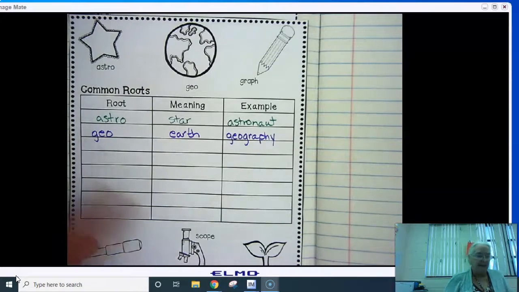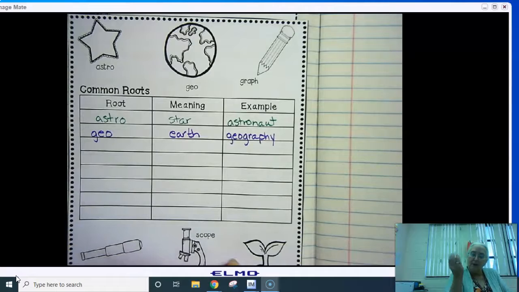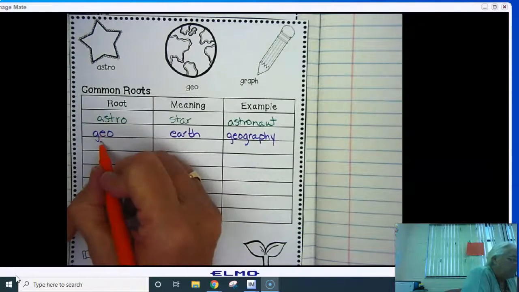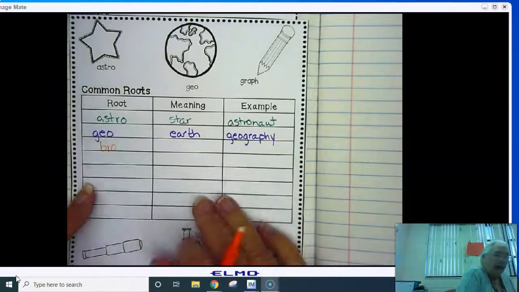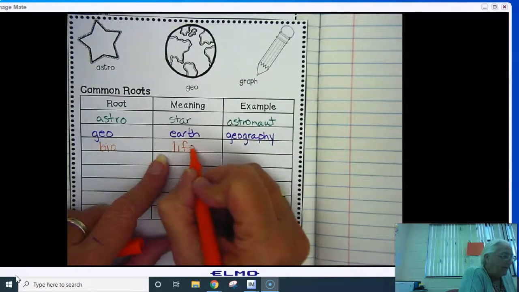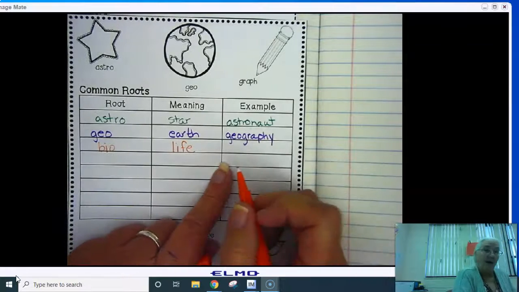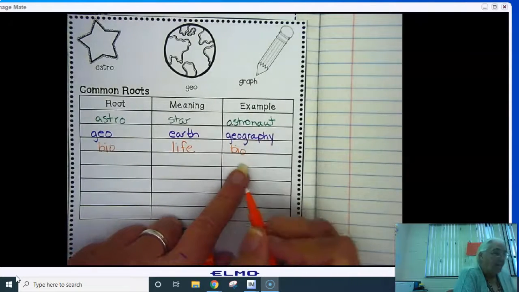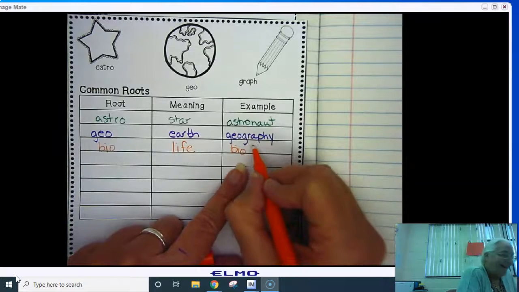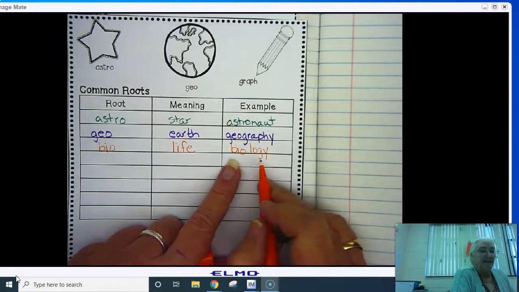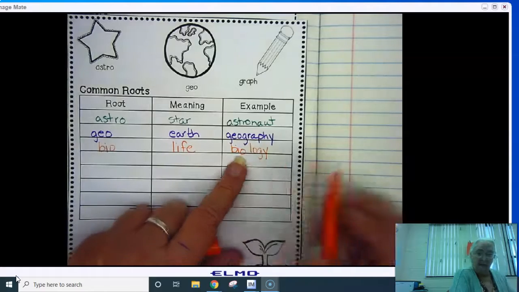Another one is this one, the little plant. Bio is that root. And the meaning of bio is life. And an example of that one is bio, L-O-G-Y. We say this word biology.